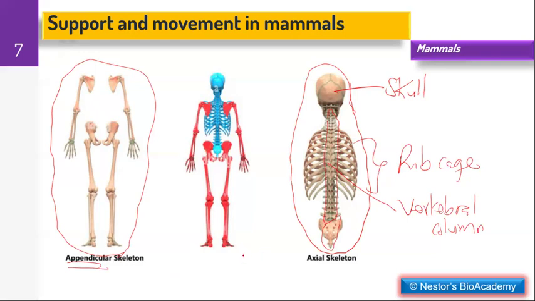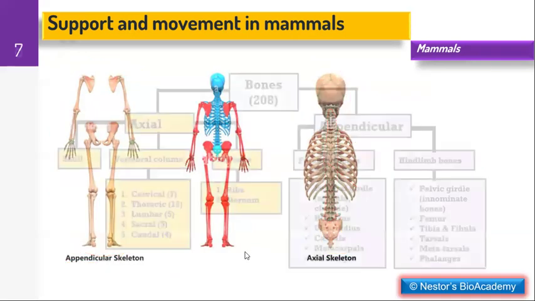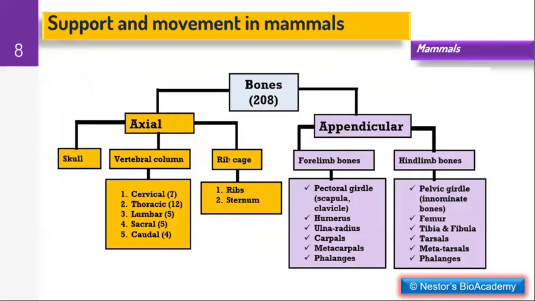Remember, our bodies as human beings, we have a total of around 208 bones. These are split into the two categories. We have the axial skeleton made up of the vertebral column, as we have just talked about, and the skull. We have the rib cage made up of the ribs and the sternum, and of course the vertebral column to the back.